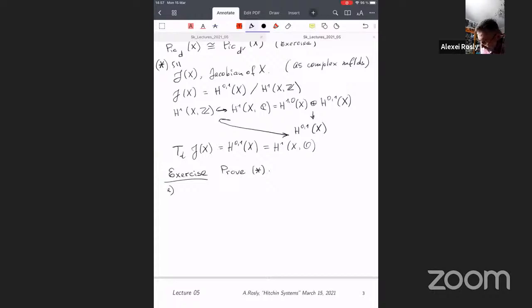So say, A: consider Pic^0, Pic zero. This is the moduli space of holomorphic line bundles of degree 0. That is, topologically trivial bundles.